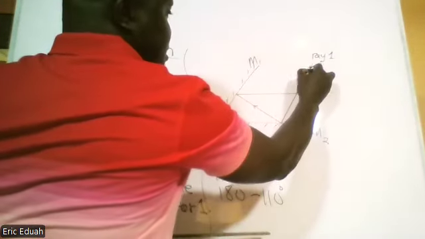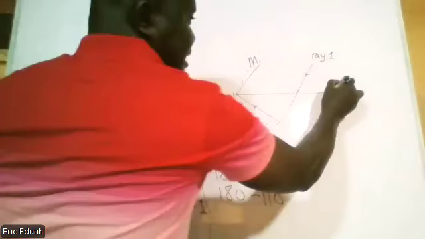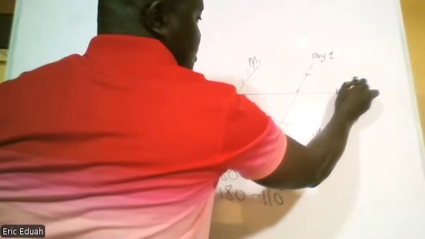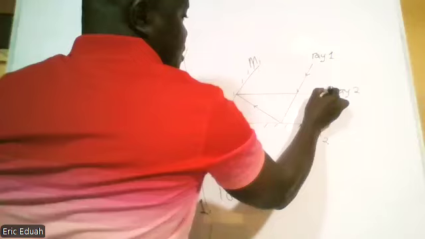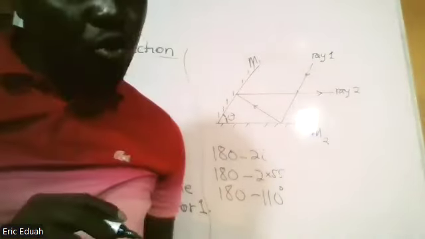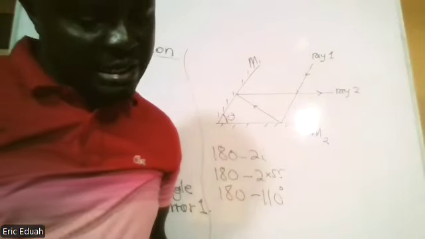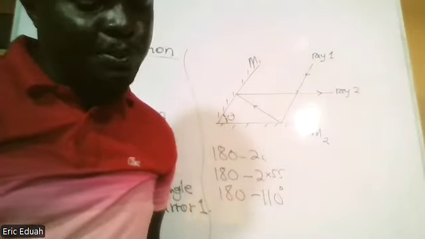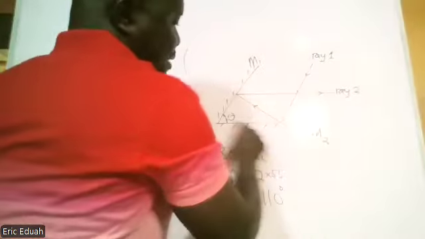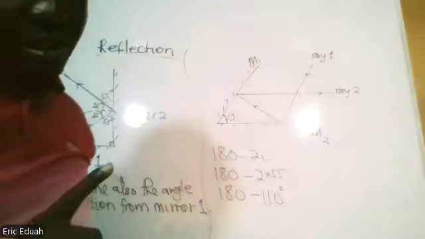So this is light 1 and then light ray 2. So after 2 reflections, ray 2 becomes parallel to M2.